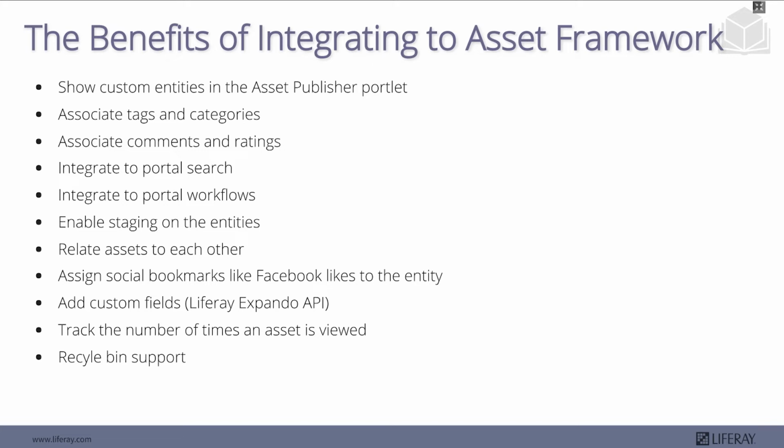We got a couple other ones like comments and ratings, but we can integrate with Liferay Search, Liferay's workflow engine. We have some other data tracking for our assets. You can relate assets amongst one another, right? So you can create a direct link between one asset and another. And to keep this list a little bit short, we can also have the recycle bin, a way in which we can place something there and either retrieve it if we need it or have it deleted after X amount of days.